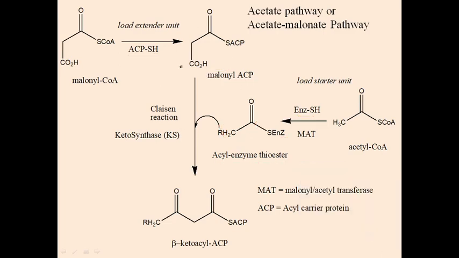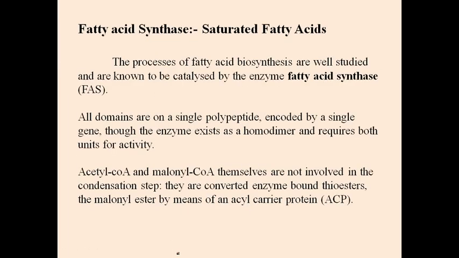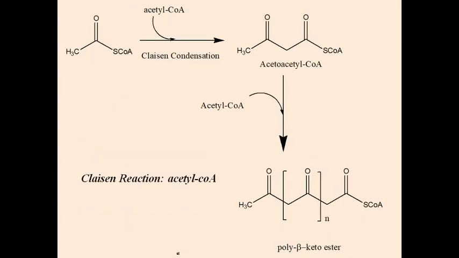Now this malonyl ACP will react with acyl enzyme thioester like a Claisen condensation, and there is the presence of an enzyme also. Without this enzyme, the reaction cannot be carried out. And the enzyme is keto synthase. You can simply assume from this name that some keto compound will be formed. It will do synthesis of a keto compound, and the keto compound is beta ketoacyl ACP, just like in our previous Claisen condensation reaction.